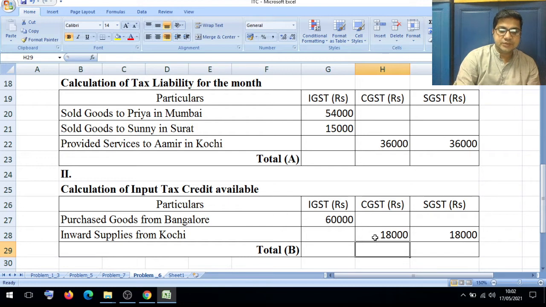CGST 9%, 18,000, and SGST also 9% on 2 lakhs, 18,000. 9 plus 9, 18.